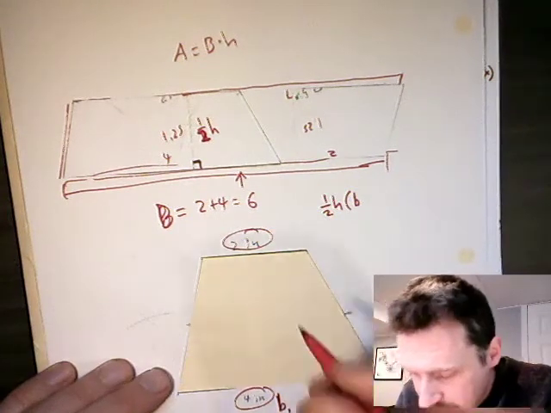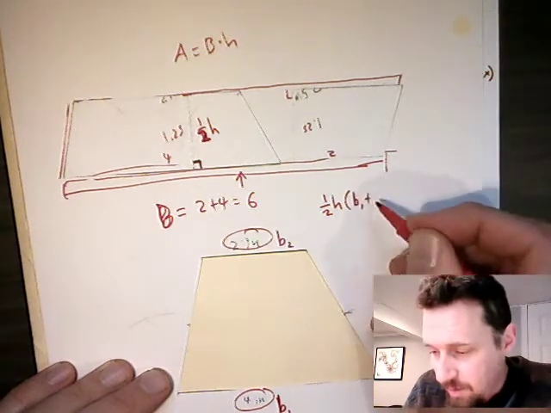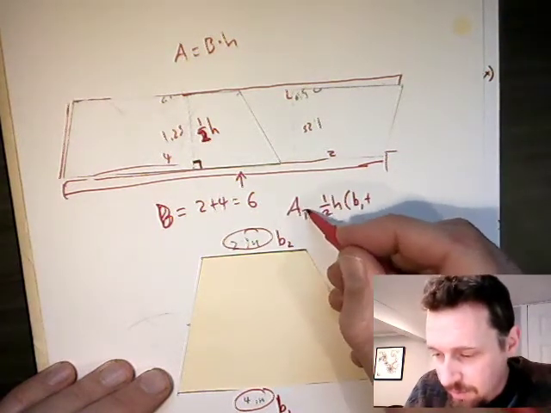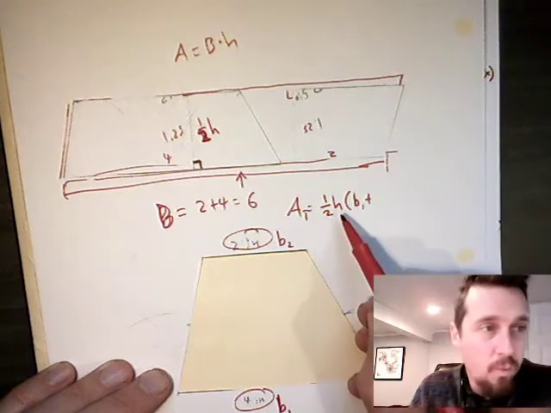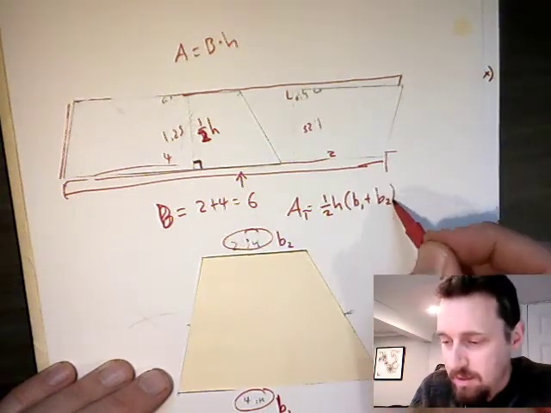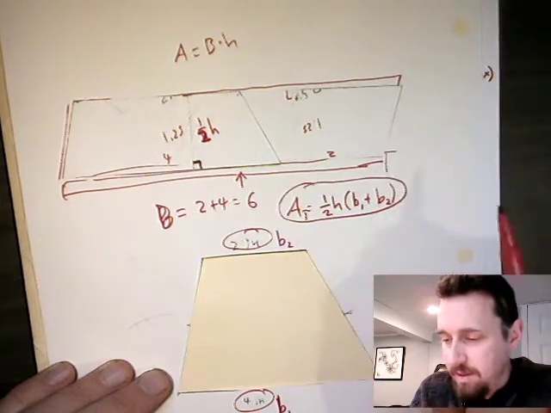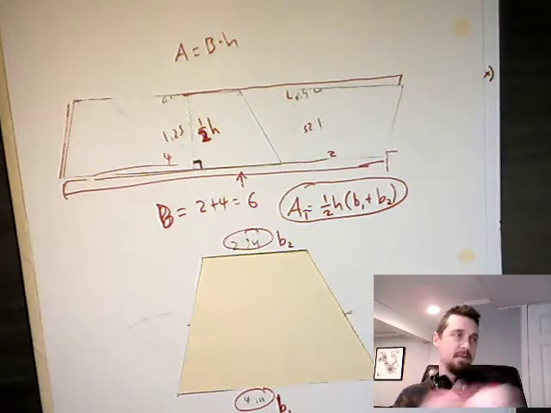So we'll call this base 1 and we'll call this base 2. So my area of the trapezoid is going to be 1/2 times the height times base 1 plus base 2. That is the formula for the area of a trapezoid.